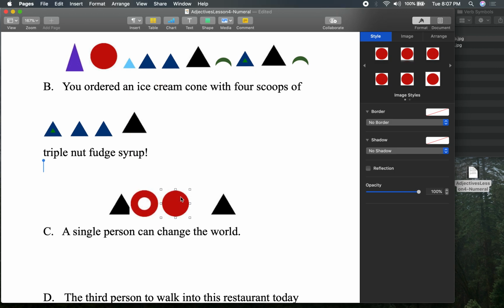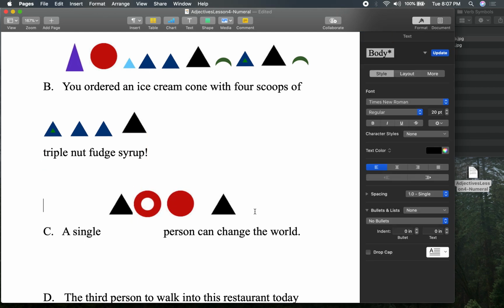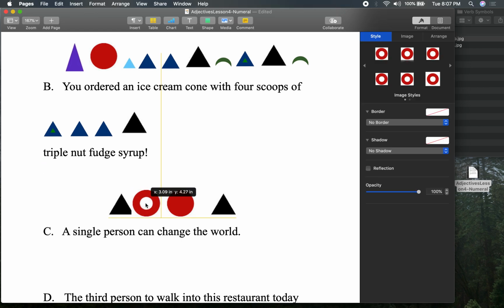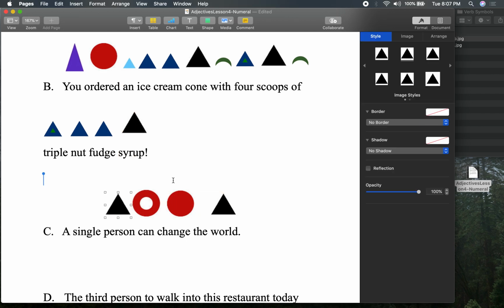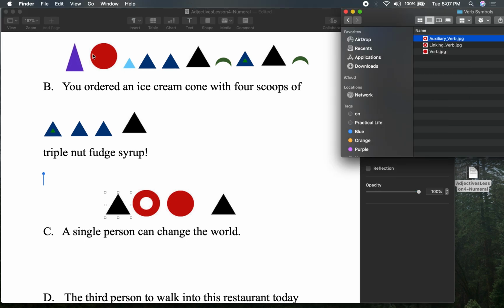Okay. Maybe scoot over a little bit, guys. Get a little room here. There we go. A single person can change the world. I need an article now. Got 2 articles here.